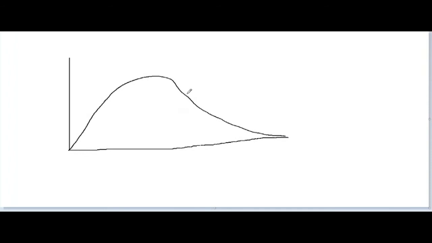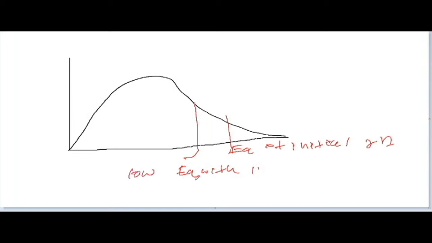So if we consider the reaction, this is the activation energy Ea of the initial reaction, and then this one is the activation energy with the low activation energy path.